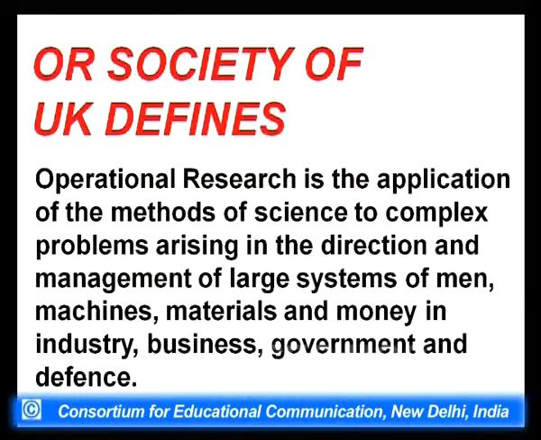Then systems: we are not talking about small systems, we are talking about large systems. Again, these large systems, we cannot solve manually. Some principles, some scientific method, is required to solve the problem. So first, complex problems, then complex problems of large systems. These systems comprise men, machines and materials, and they may belong to industry, business, government and non-government institutes, and defense.